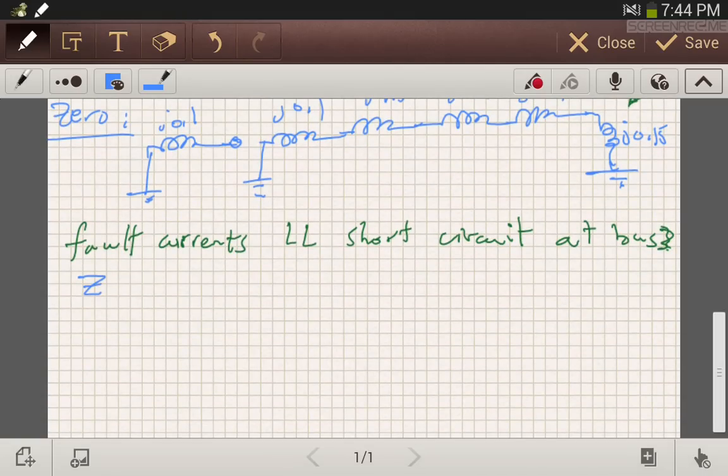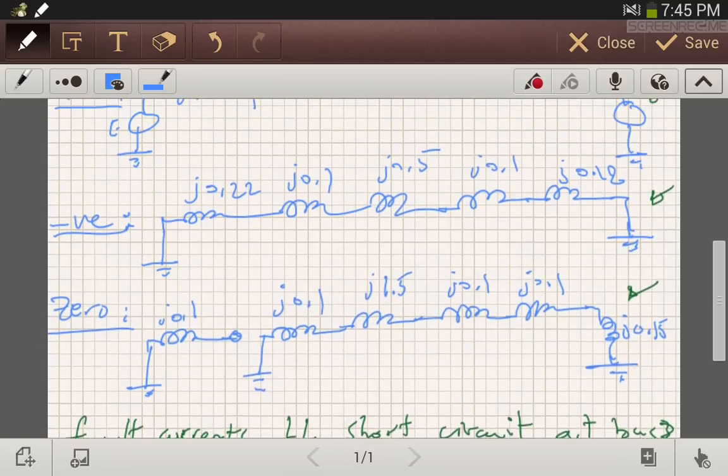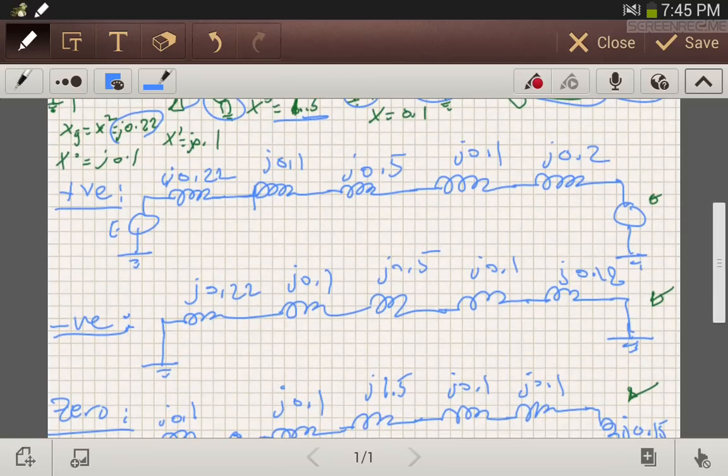So we have to find the Thevenin equivalent Z0 and the Thevenin equivalent of positive sequence and the Thevenin equivalent of negative sequence impedance.